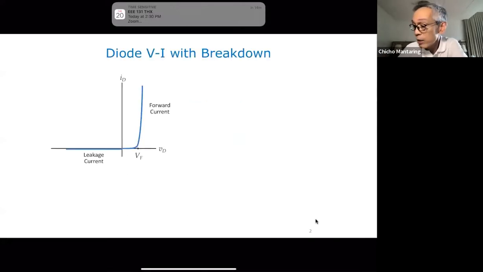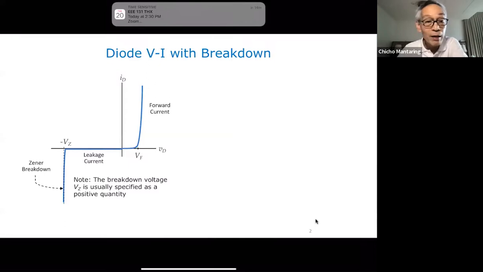So these are your diode VI characteristics. If I apply a negative voltage across my diode, I'm going to get a very small current. That is my leakage current. At some point, however, as I increase my negative voltage, all of a sudden my characteristic curve is going to go this way.